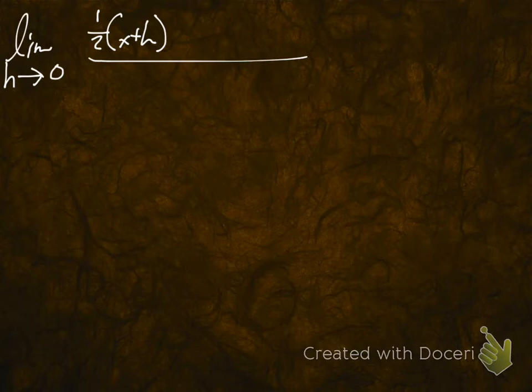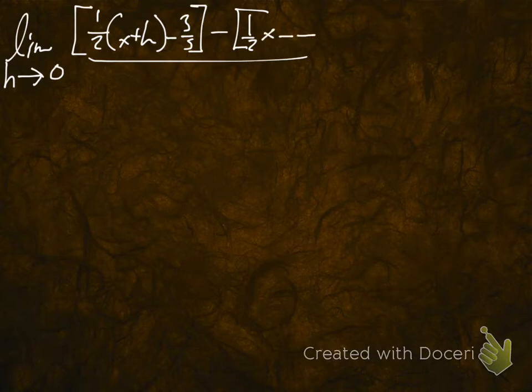Well, we're going to have the limit as h approaches 0 of 1/2 times x plus h, minus 3/5, minus 1/2 x, minus 3/5. Okay? All this over h.